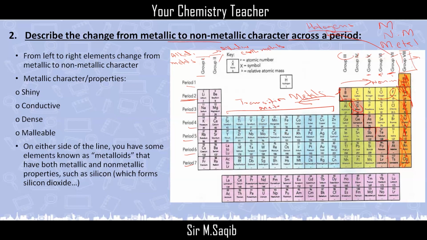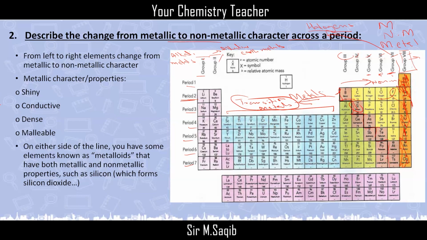We have a separate topic for transition metals, so we are not going to discuss it here, but you should have a little knowledge about this. So I hope you have understood that on the left side of the periodic table we have metals, on the right side we have non-metals except group 8A, and we have some metalloids in between groups 3, 4, and 5.